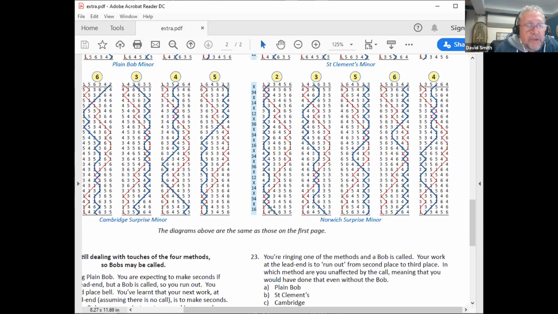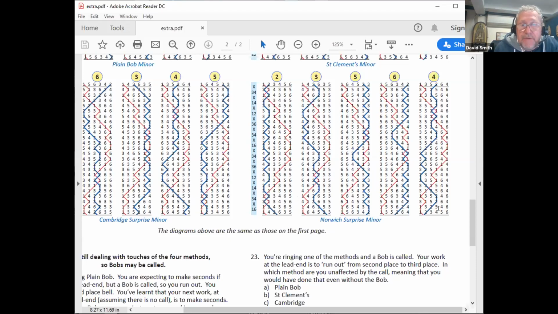The bells in 2 and 3 swap, the bells in 5 and 6 swap. The difference is that in these other methods, the bells at the back dodge, which they would have done anyway. They're unaffected by the bob. You remember when we were looking at Plain Bob, we said that if you're above fourth place, you're unaffected by a bob. All these other 3 methods, that's true of.